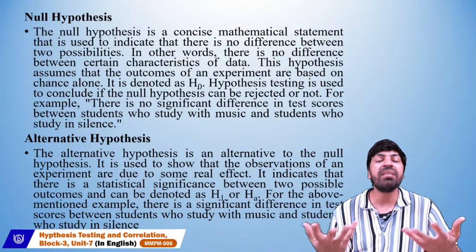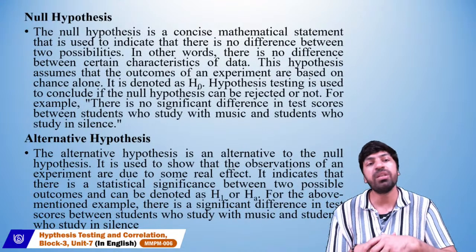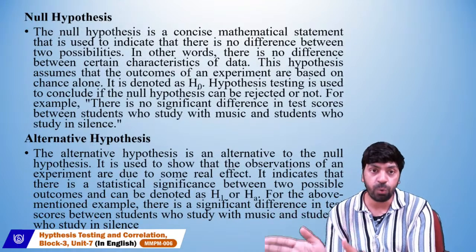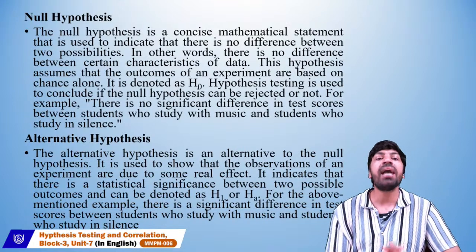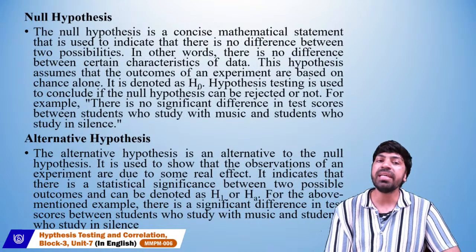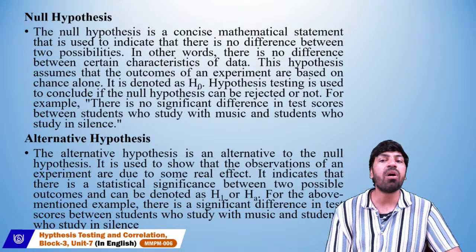That means it's a probability, whether it could be yes or no, but the null hypothesis always goes on no. It is denoted by H0, which stands for null hypothesis. Hypothesis testing is used to conclude whether the null hypothesis is rejected or not.